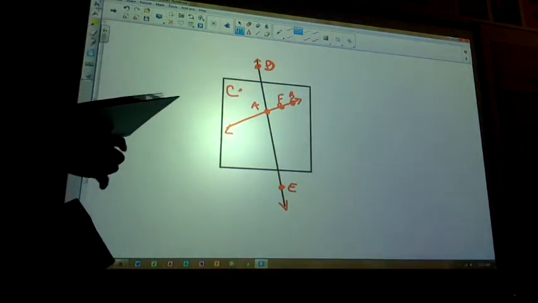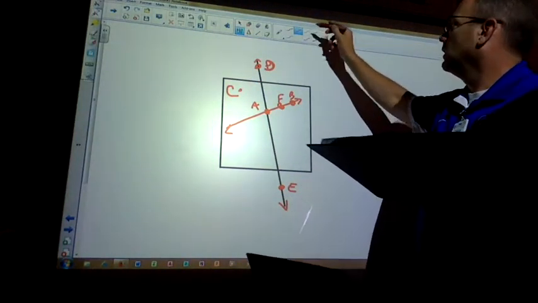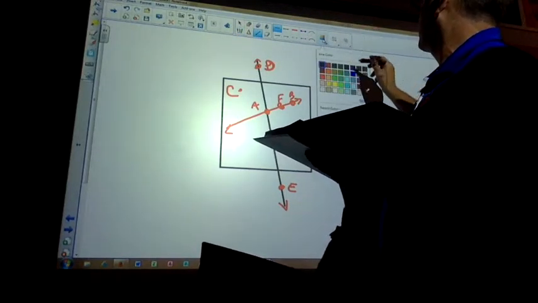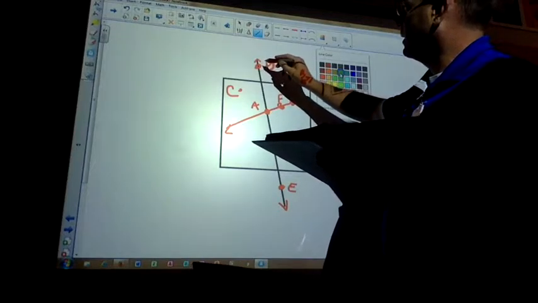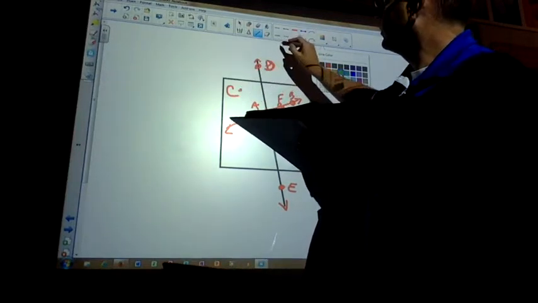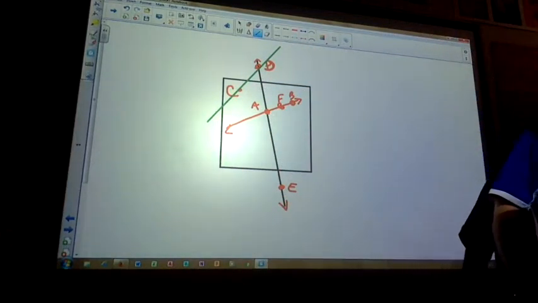D and C only. Okay, this is where you said no and it said yes, correct? This is why it works. You've got to think a little bit outside the box, but you have to realize, is it D and what? D and C? There's the line that they're on.